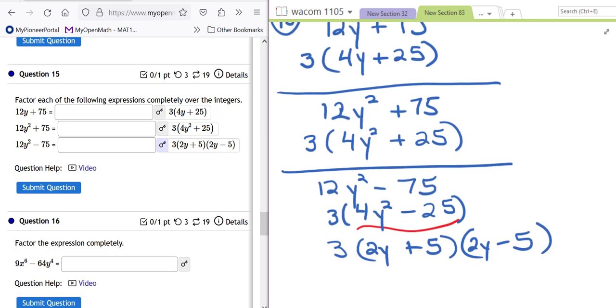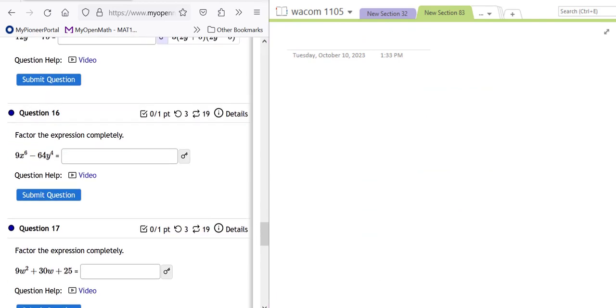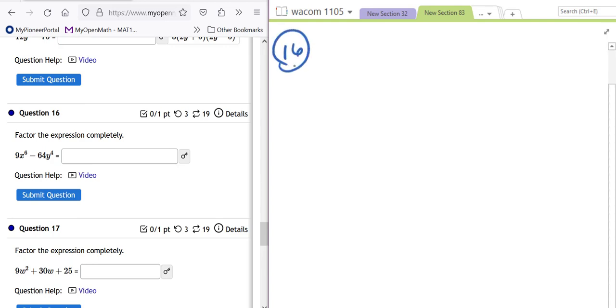All right, so number 16. Ooh, they're taking a jump with those exponents. So we have to see what happens.